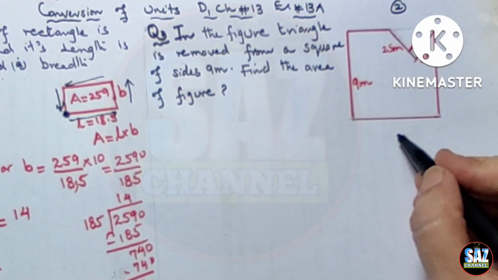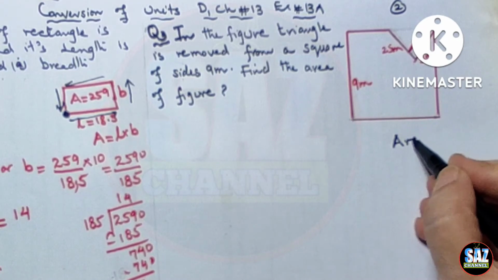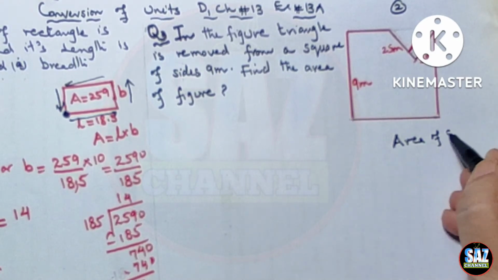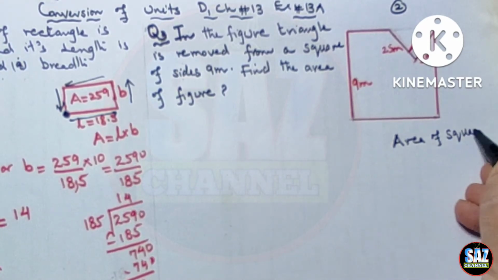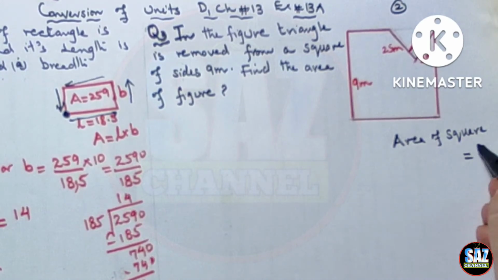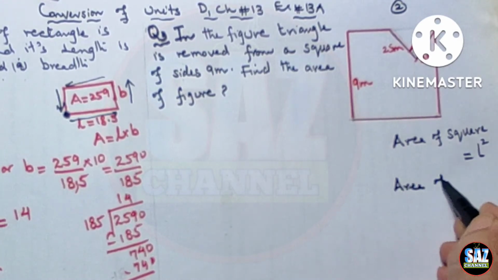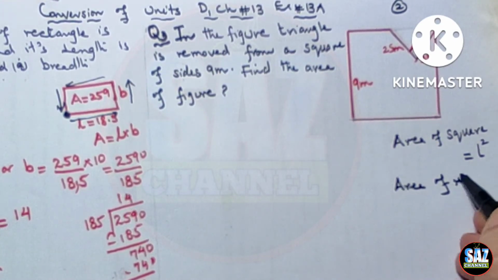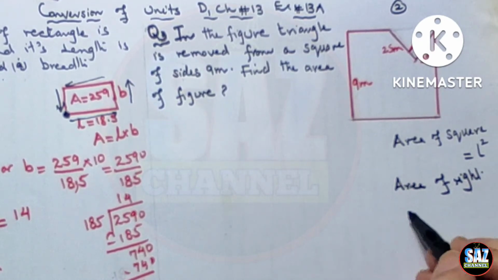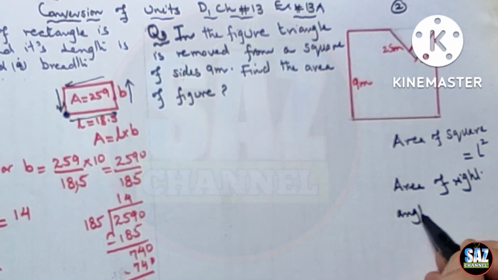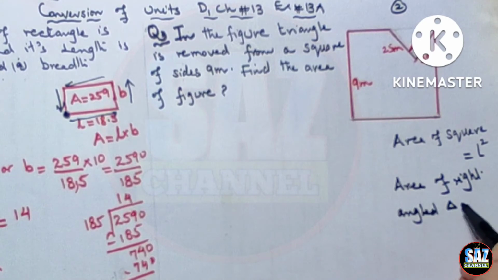So area of square equals L square, and area of right triangle is half base into height.